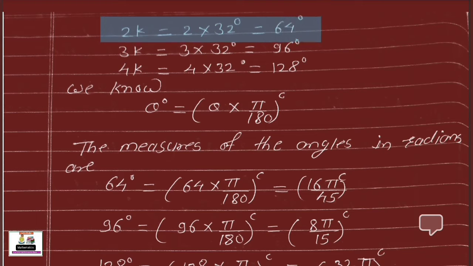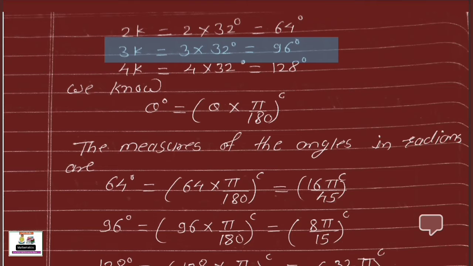Put the value of k, then we get 64 degrees. Second angle is 3k. Here the value of k is 32. Then the calculation is 96 degrees. And the fourth is 4k, 4 into 32. Then the calculation is 128 degrees.